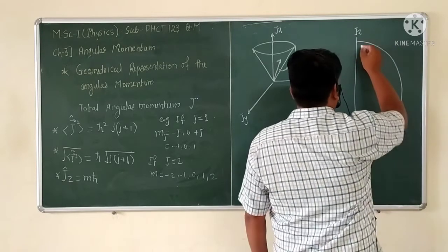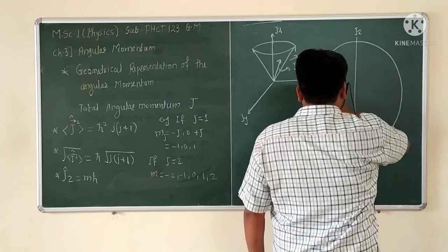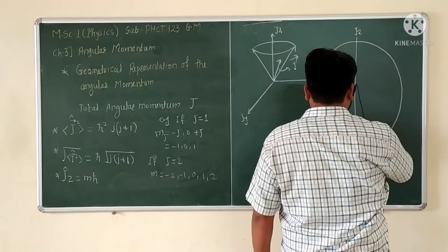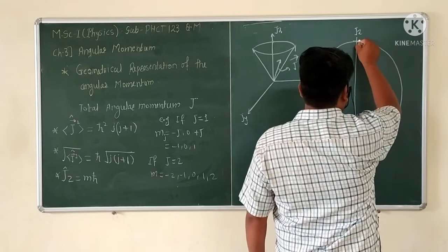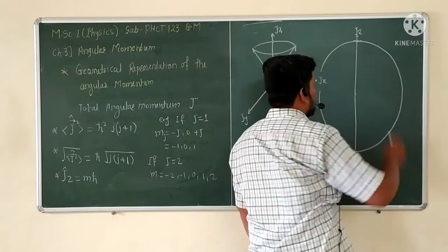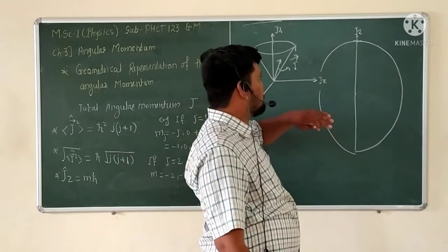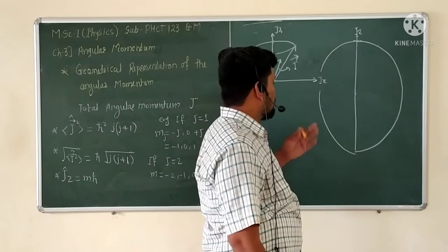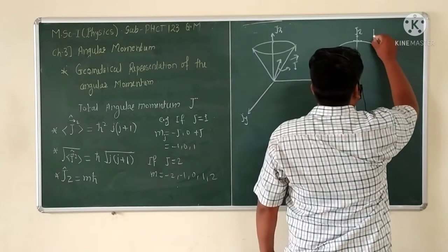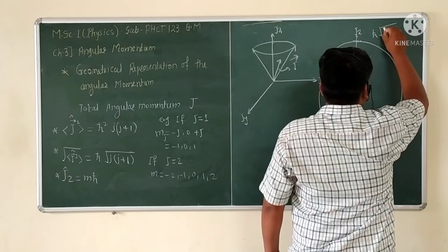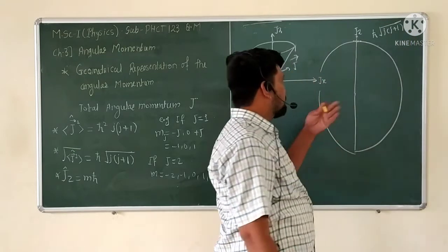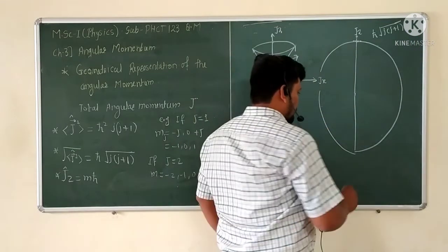Above the central point, the radius of the rotation circle is h cross of j into j plus 1, and using this radius vector value we calculate the magnitude of the total angular momentum.